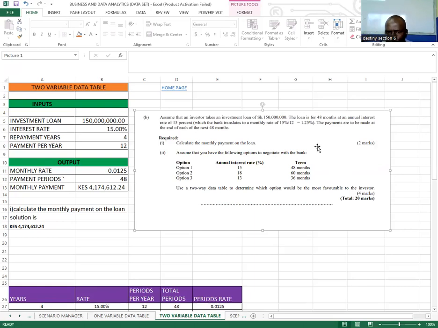Use a two-way data table. We can also call it a two-variable data table, that is another name.